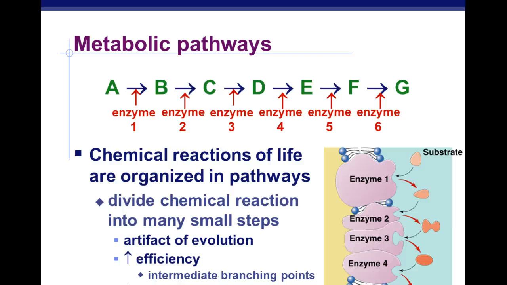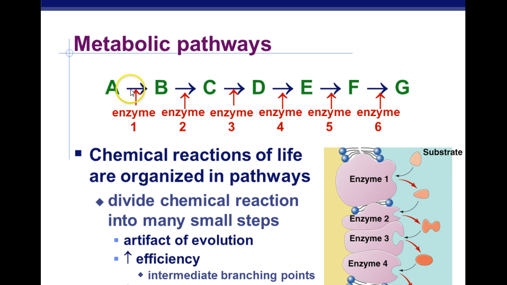And metabolic pathways are one in which a chemical is transformed into another by a sequence of enzymes. And you see that right here. This is a metabolic pathway. And you see there's more than one enzyme in this pathway. Okay? So each of these enzymes will produce a product that will contribute to the next step, and so on and so forth.